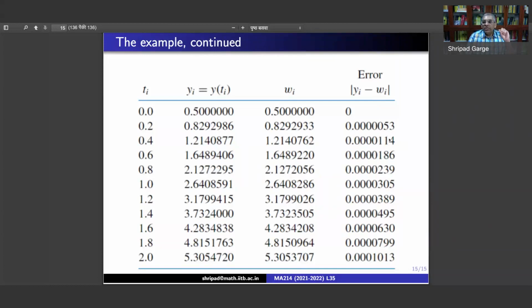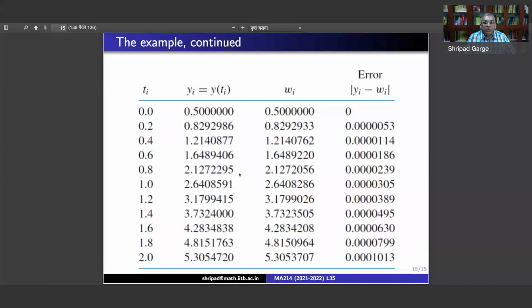But if you really think about it, we added 60 to 53 to get 114. And the next error is 186, so we had to add 70 to get the error at the next step. Therefore, if you were using only Runge-Kutta of order 4, the next error would have been added as 80 or 90 or maybe 100 and even more. Whereas we have gone from 186 to 239.